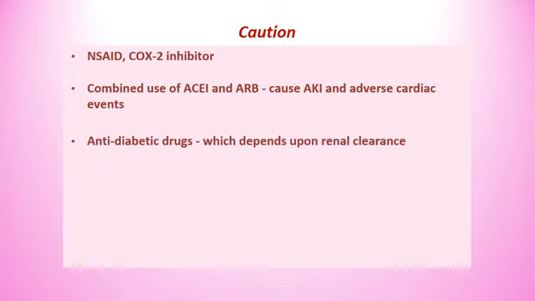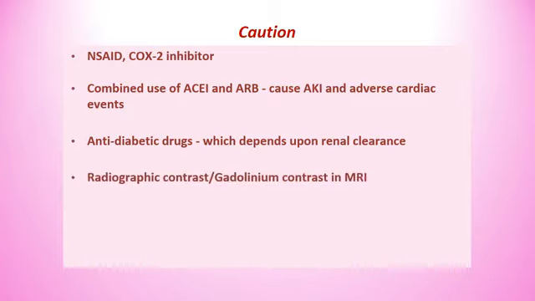Particularly, I want to mention biguanides, that is metformin, and sulfonylurea group of drug. When GFR is less than 50, be careful. I think it is better to avoid these two drugs when eGFR is less than 50 and never when it is less than 30.